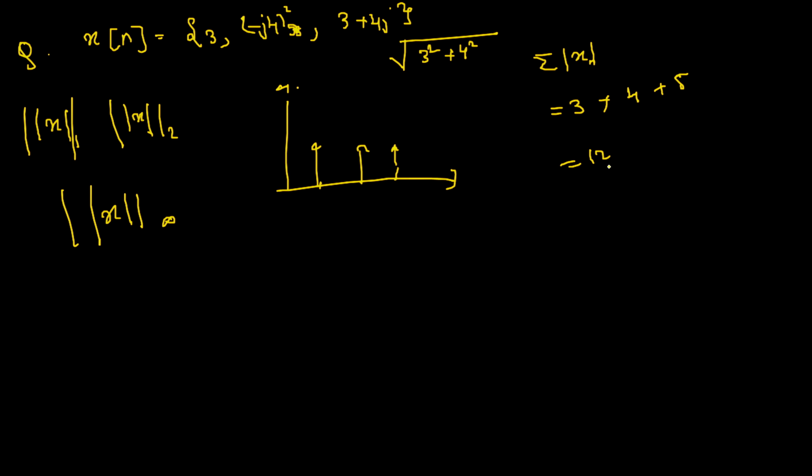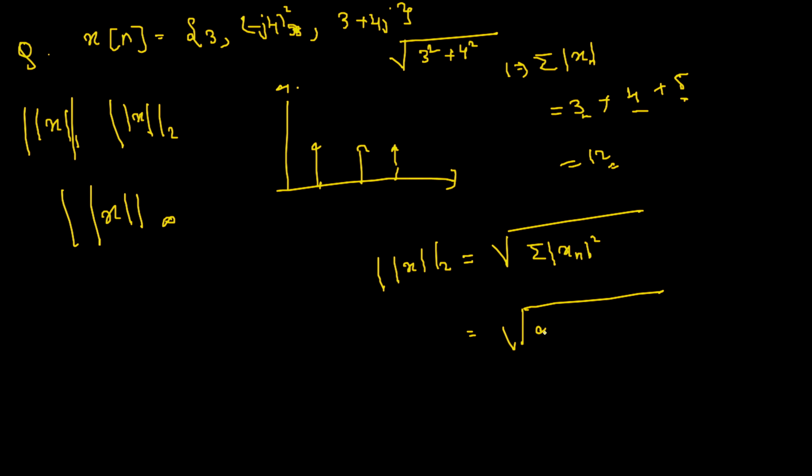So we get 12 here. And then for L2, we have to take the root under the summation of mod x[n] squared. So here we square each of these terms and find their overall root. So this becomes 9 plus 16 plus 25, and that gives us root 50.